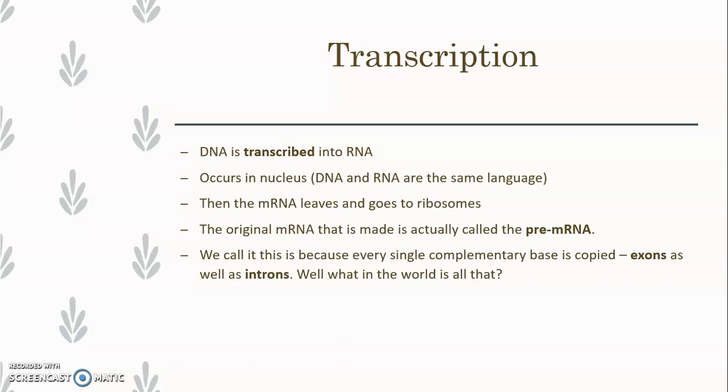And we call it pre-mRNA because every single complementary base is copied, including exons and introns, which again, I haven't told you what that is yet, but don't worry, it's coming on the next slide. What is an exon and what is an intron? But in the pre-mRNA, again, every single solitary complementary base is copied from the DNA into the mRNA.